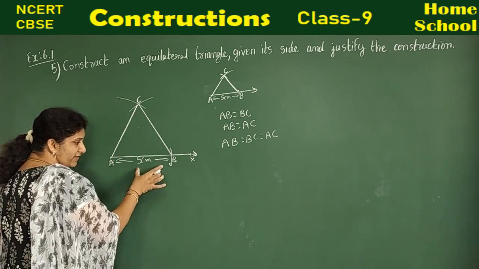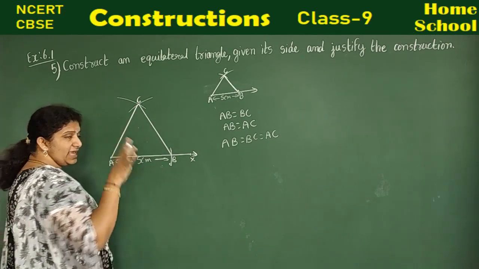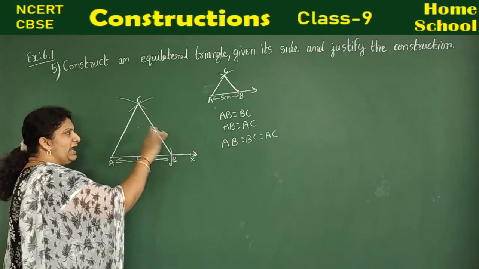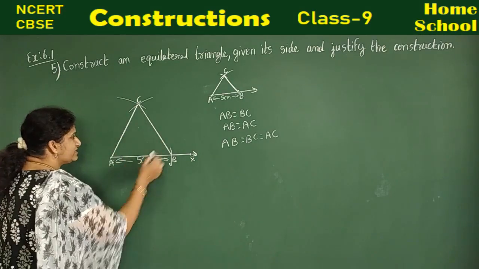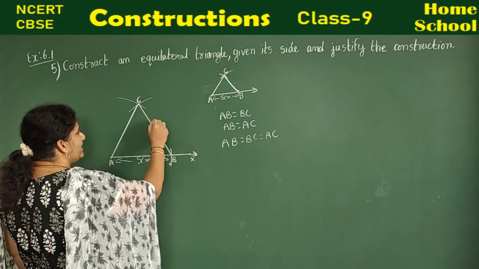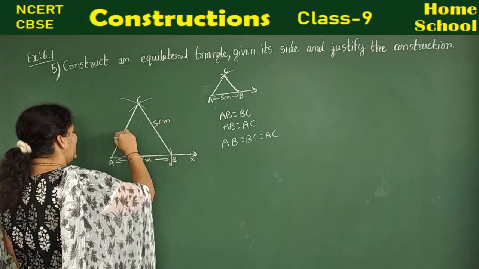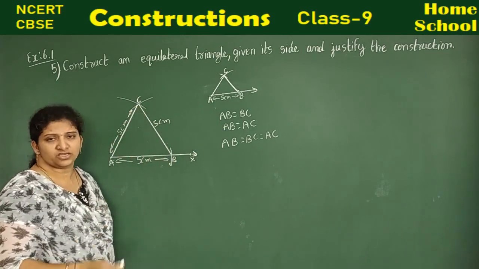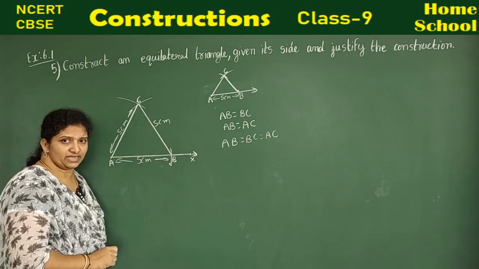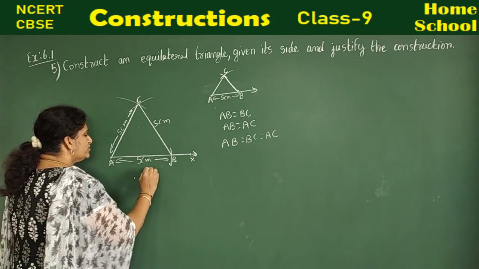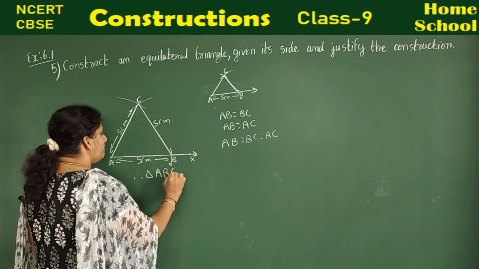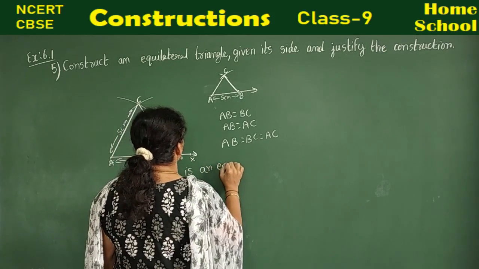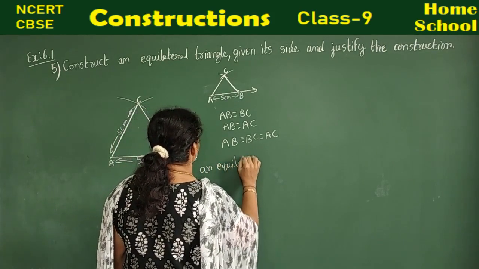This distance is 5 centimeters. And with the same distance, same radius, we have drawn from A and B. Therefore, what can I say? AB equal to BC, 5 centimeters. And AB is equal to AC, both are 5 centimeters. So, all the 3 sides are equal. Therefore, triangle ABC is an equilateral triangle.